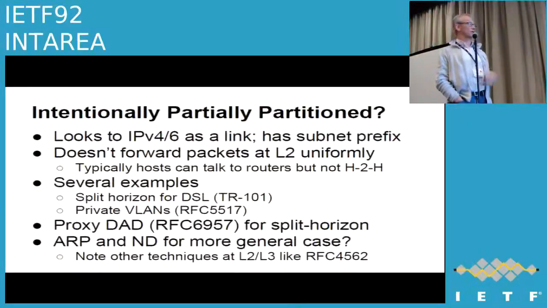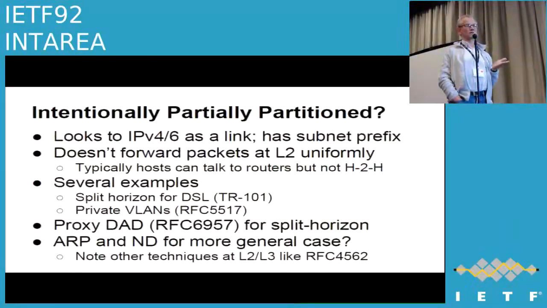There's very little written down on how to deal with this stuff in the general case, as far as I know: how do you configure things and what works and what doesn't. We have a solution for the specific case of split horizon. But I haven't seen anything that says how you do ARP and ND for the general case, and in particular, how you do DAD for the more general case.